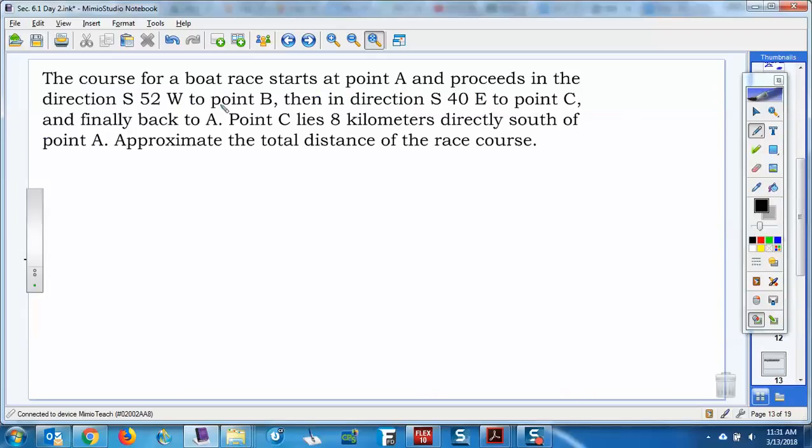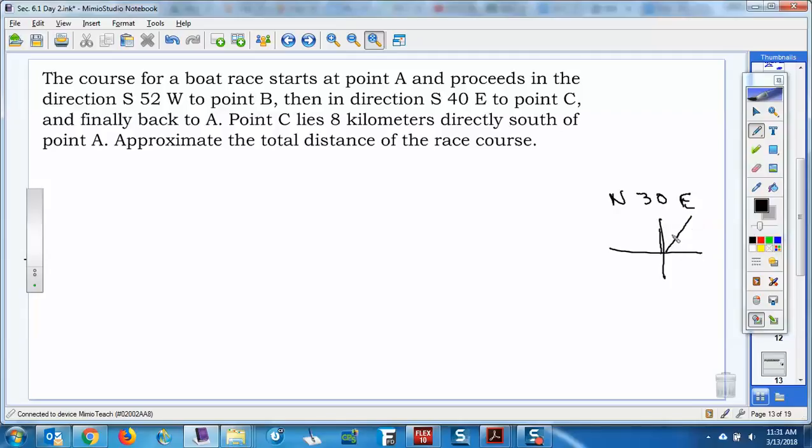So let's see what you remember about drawing bearing. Let me give you a hint. North 30 east. You go up north, and then you go 30 to the east, which would be to the right.